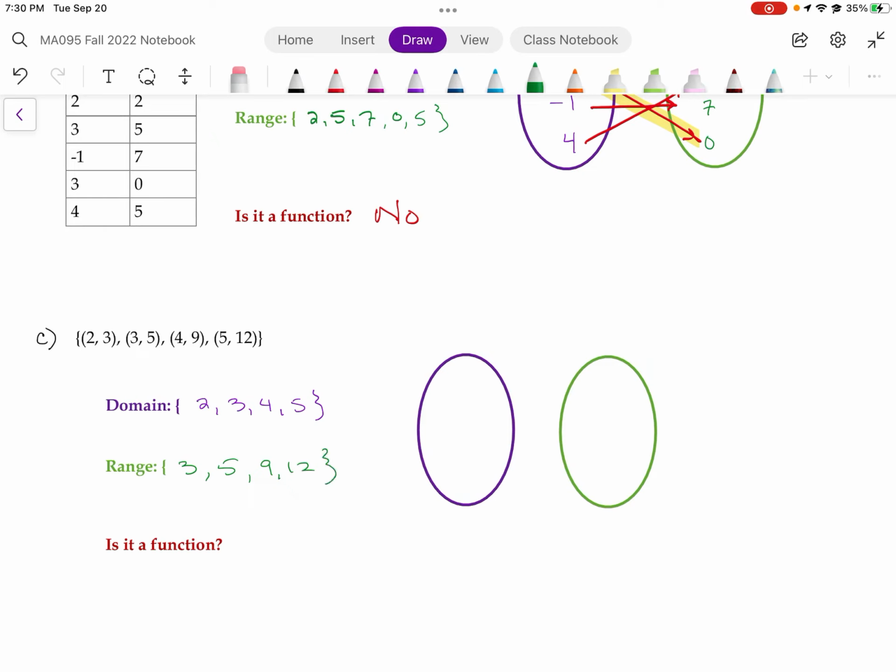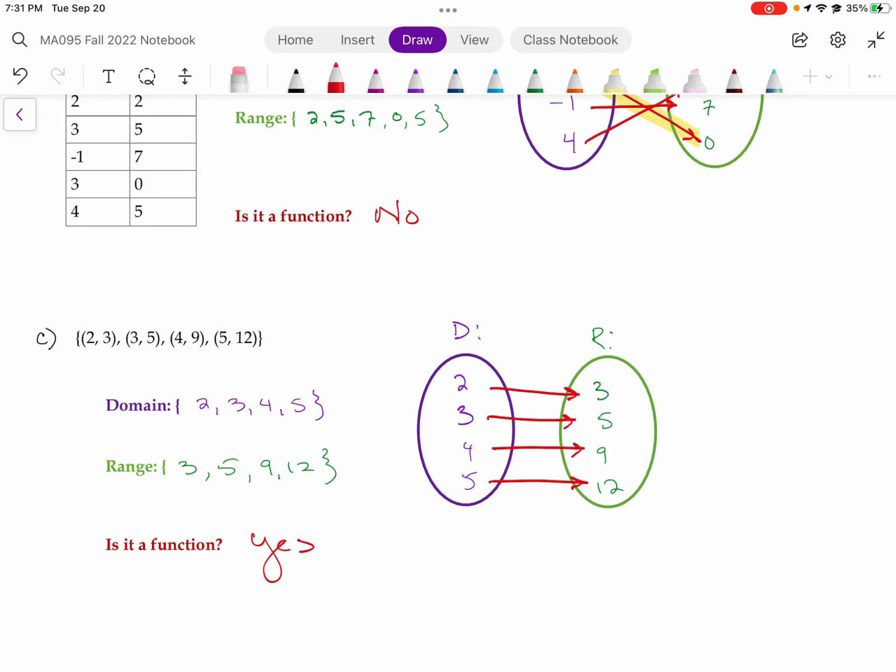And you might see it already, but I'm going to go ahead and write this down. The domain is 2, 3, 4, 5. And the range is 3, 5, 9, 12. So 2 leads to 3, 3 leads to 5, 4 to 9, and 5 to 12. So yes, this is a function.